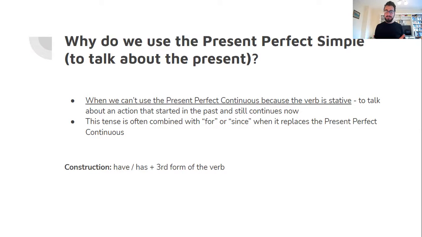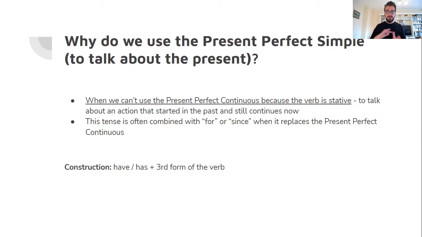So an example of a stative verb would be have, when it means to own something, to possess something, and also own and possess are stative verbs. Be is also a stative verb because it's related to the state of existence. So be, exist, are stative verbs.